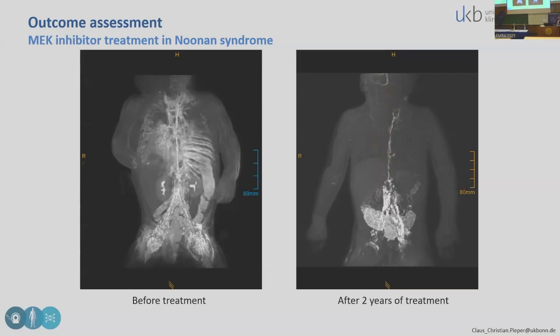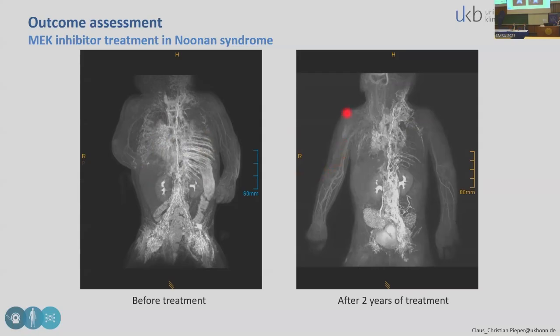But when you look at the later stage of the examination, with this extensive reflux at the baseline, you can then appreciate that it looks a lot better after treatment, but these changes do not go away completely, and we are not currently completely understanding what will happen in the long run in these patients and if they do need long-term treatment.